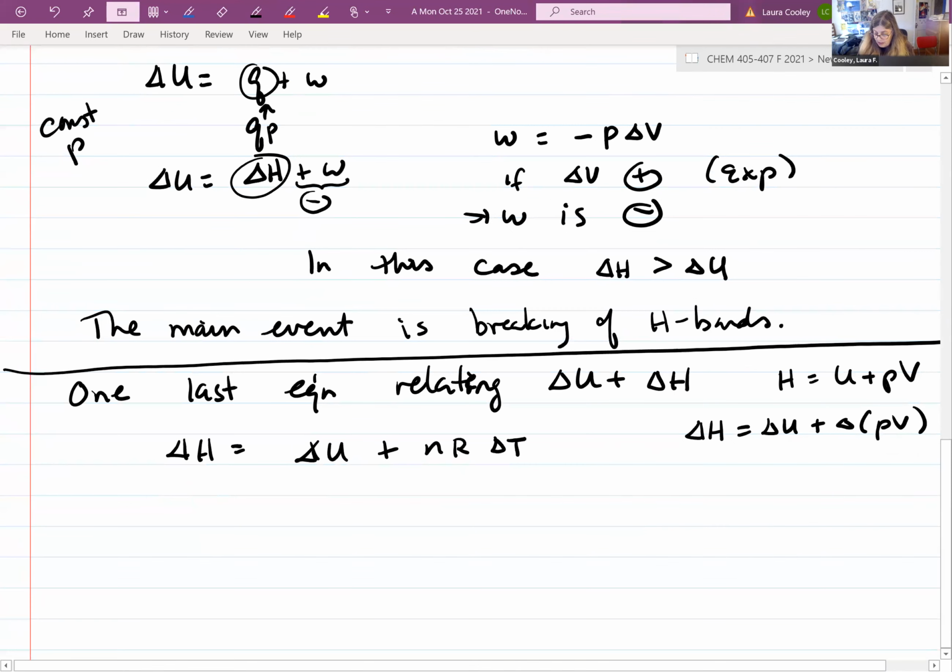That leads to this equation. And if we're talking about gases, then we can replace PV with nRT. And if n and R are constant, then this becomes nR delta T.